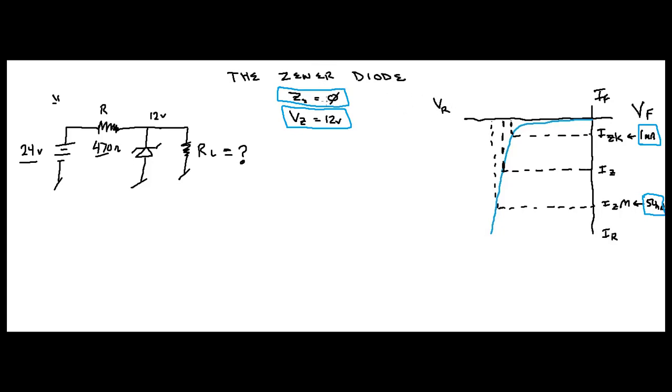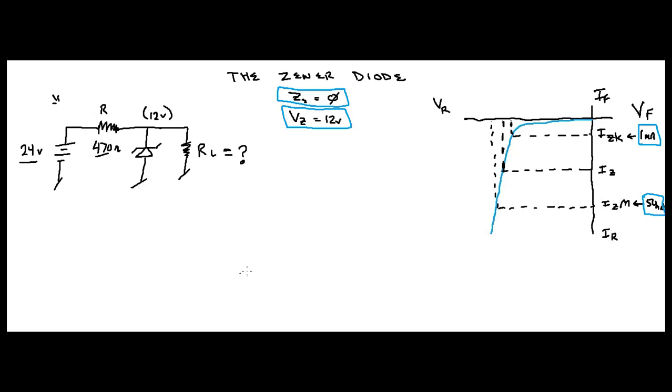So we were told to make things simple in this problem that ZZ is equal to 0. So we don't have to worry about that. We can just assume that the Zener voltage stays at 12 volts regardless if you're at IZK or IZM, to make things simple. So that's why we have 12 volts here.